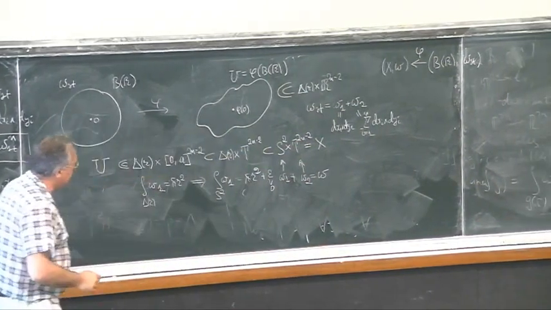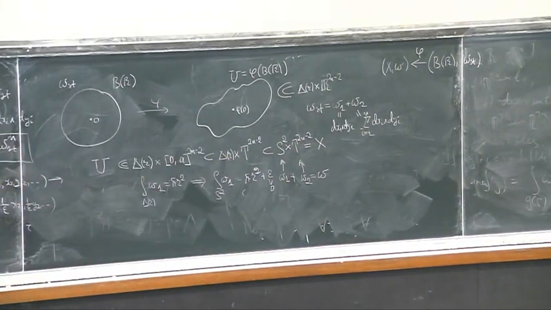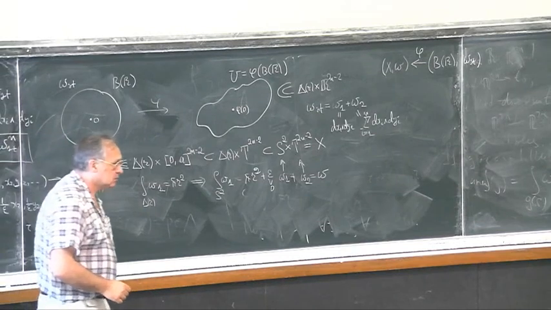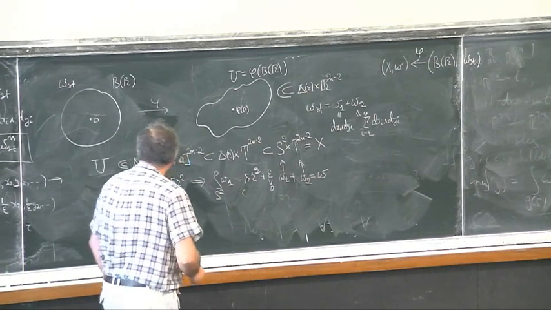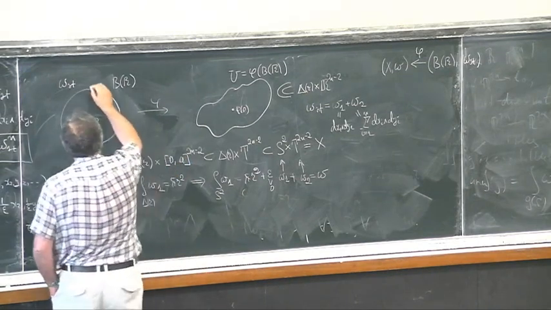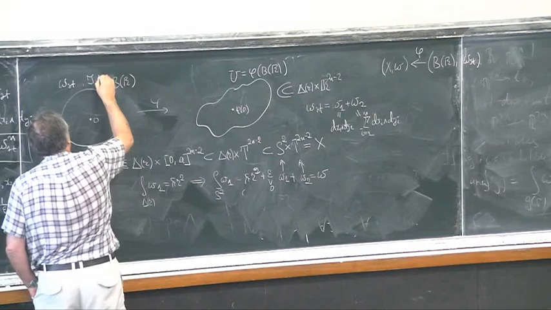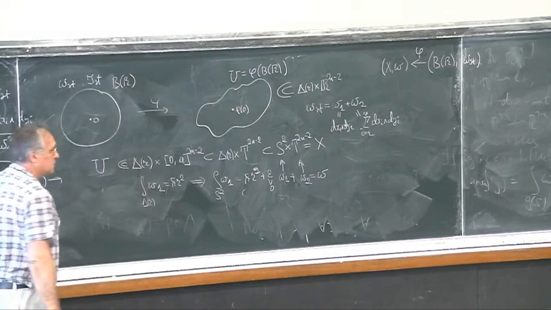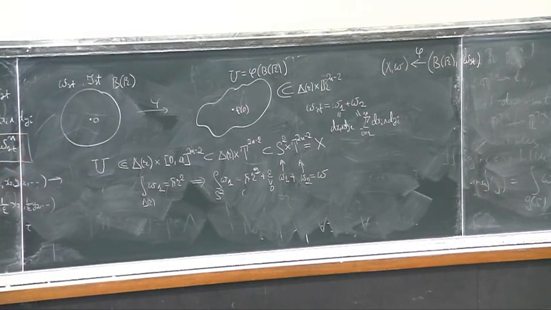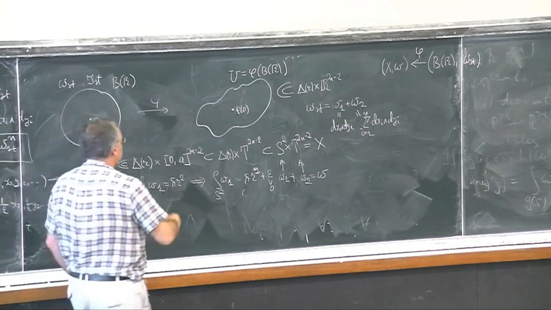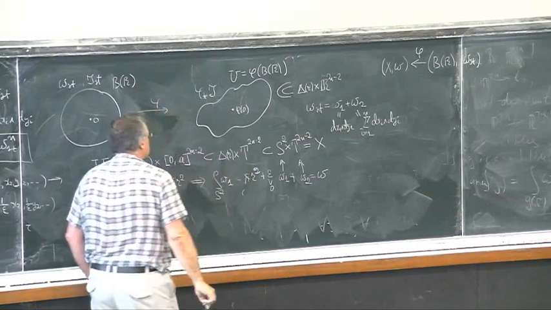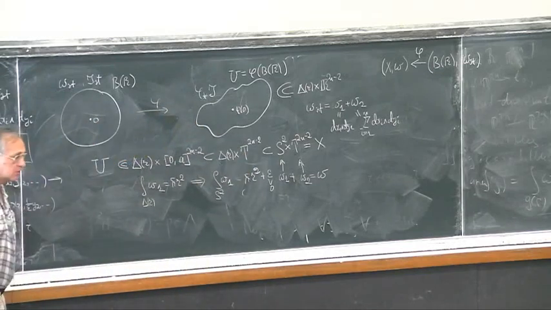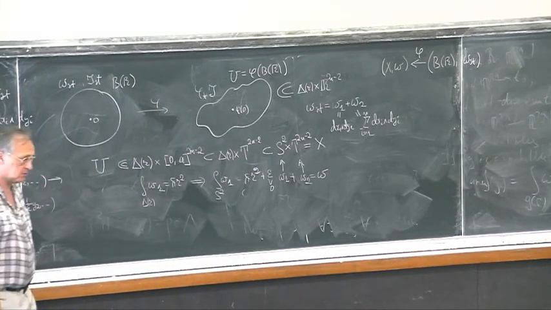The image is an open set U, and then we can recall that we have here also the standard complex structure. We can push the structure forward to get an almost complex structure, because the mapping is only smooth.